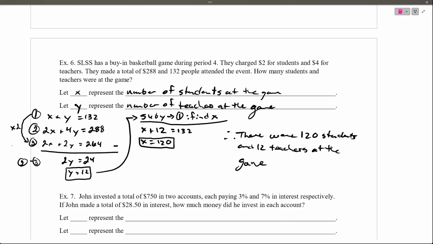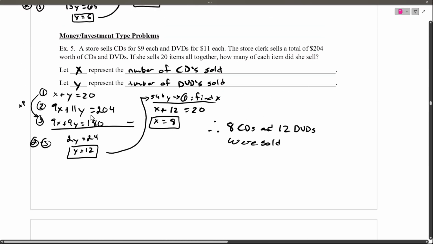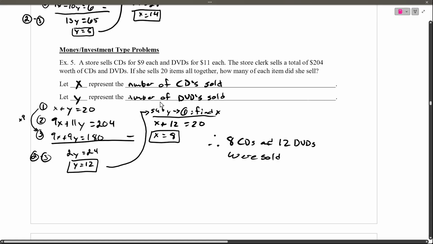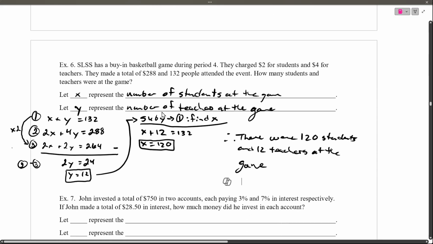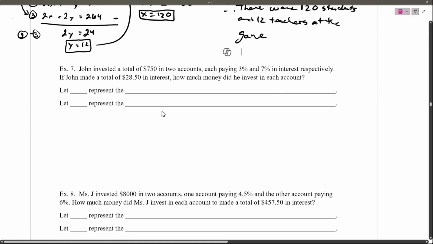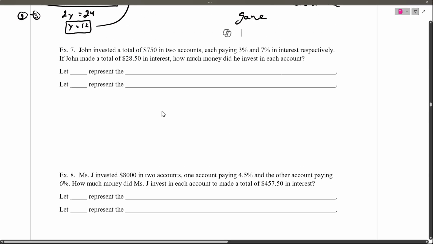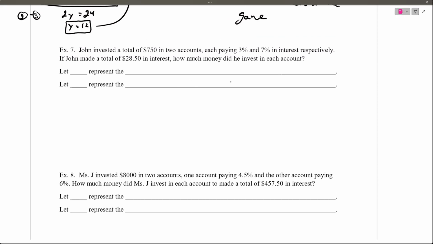Let's modify it a little bit. So remember, these types of problems are called money and investment problems. We haven't done any investment. That was straight money. Let's look at some investments now. Investments are usually going to involve some form of percentages. We have to remember how to rewrite percentages as decimals.